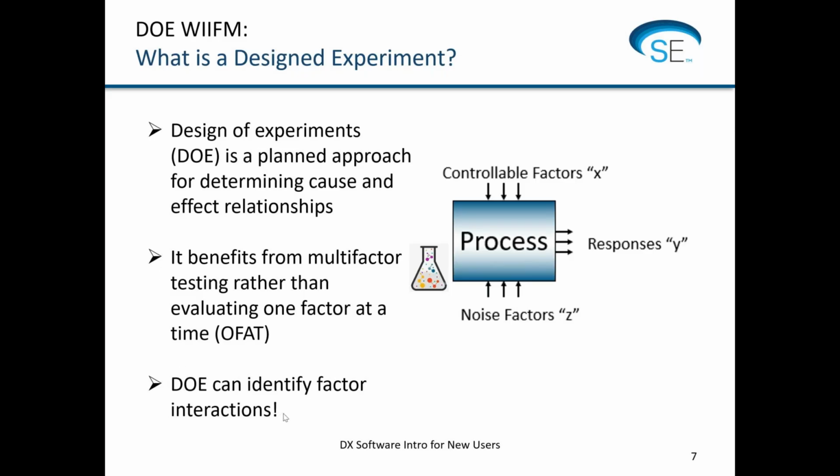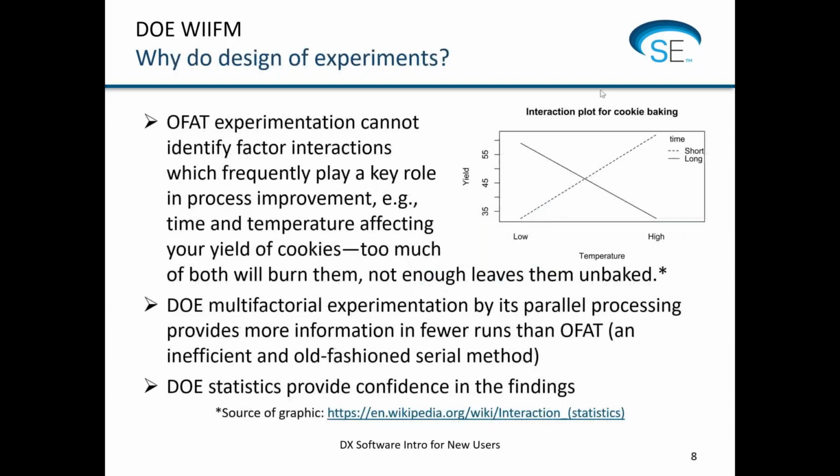One factor at a time cannot identify something called interactions. And what are they? Well, interactions is when one factor depends on the other. So let's look at baking cookies, and we have this little plot. We have the short cooking time as the dotted line, and the temperature goes from low to high, and we're looking at the yield, right?